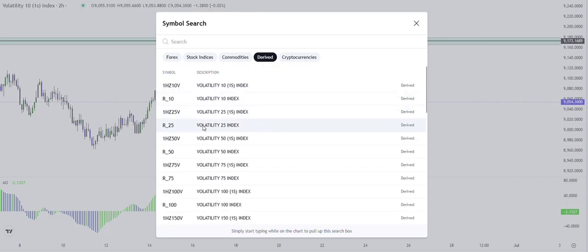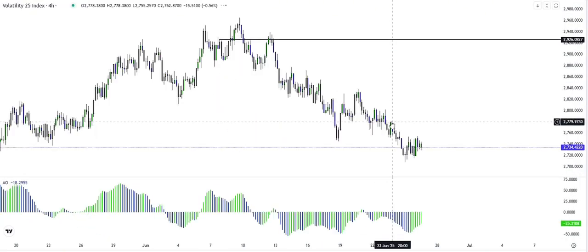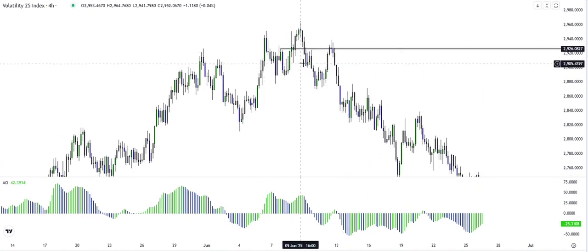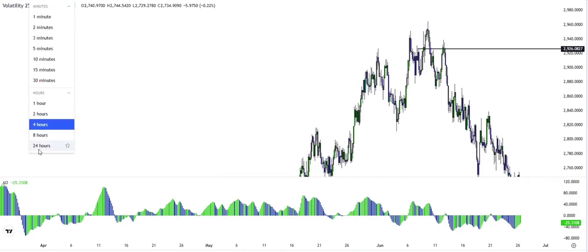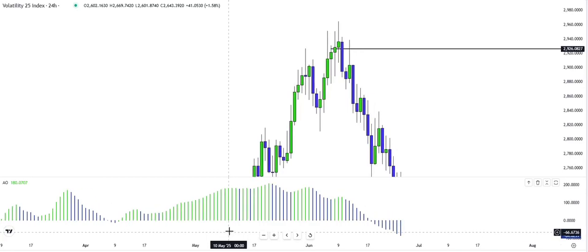Another trade that I took this month was V25. So when we go to V25, you see right there, that's the QM trade that I took. As I've mentioned before, first thing I do is I check on my daily to see what is happening.